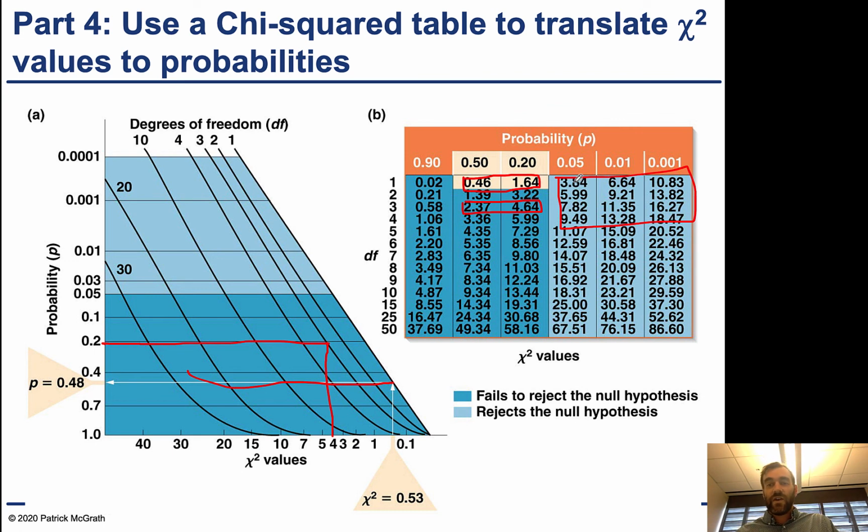So if you have a monohybrid chi-squared test where your chi-squared value is 3.84 or greater, you would say that this does not meet the expected value. For the dihybrid test, you need a chi-squared value of 7.82 or above. You can move on to a tri-hybrid cross. In that case, there would be 8 total phenotypes, so your degrees of freedom would be 7, and you'd be looking at this category right here.